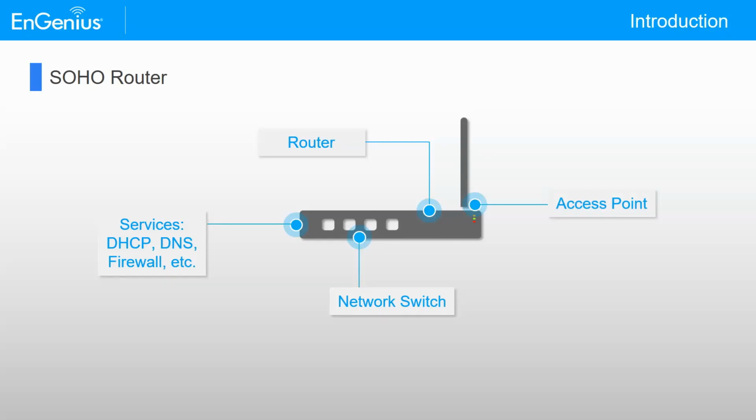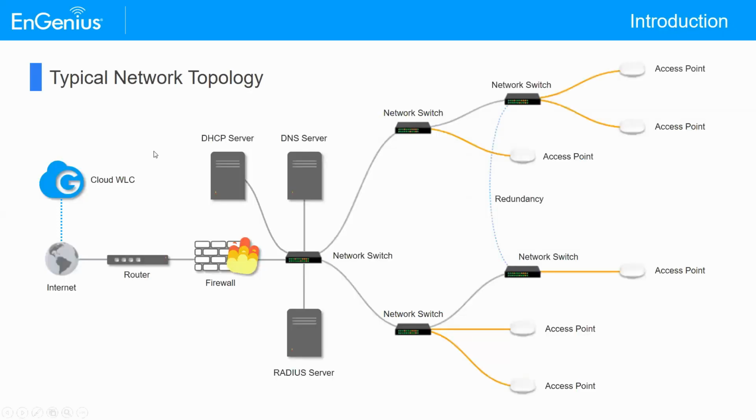But usually for network deployments, each of these components are separate, because by having these options separate, not being a part of that same router, you can have more customizations and you can have full configuration of your network services. For example, in a typical network topology, here you have your router, which only acts as, let's say, NAT to translate the traffic.